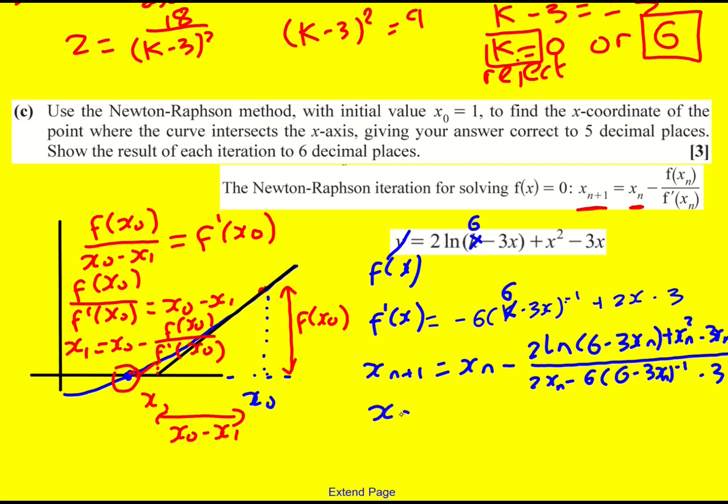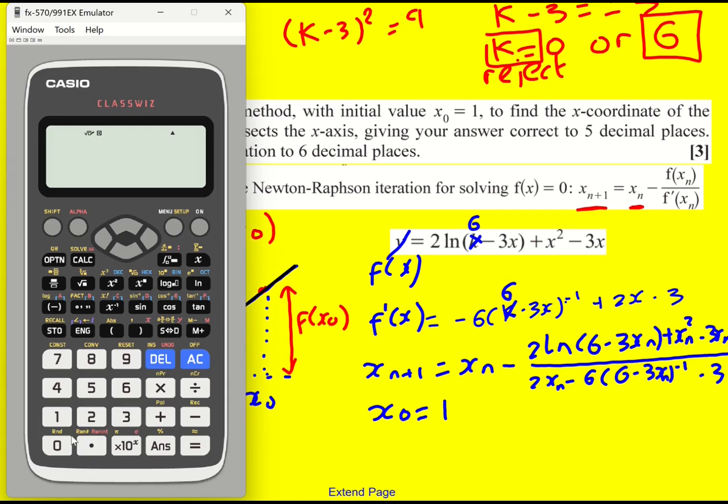Right, we've got our starting value. We're going with 1, which is in between the 0.5 and the 1.5. Why not? Midpoint. And then we put 1 equals, so it's stored into our answer button. This can be the thing that varies. Just very carefully write this formula out with x_n replaced by answer.